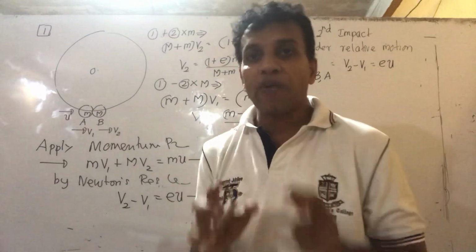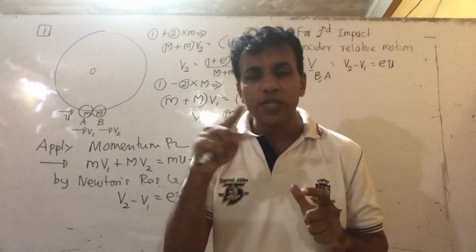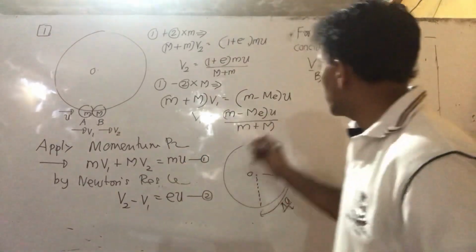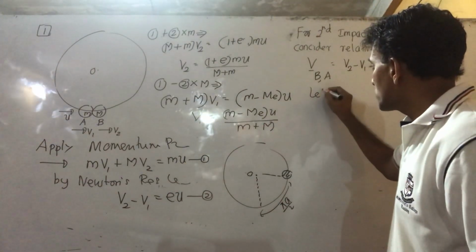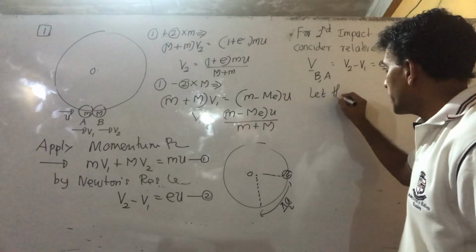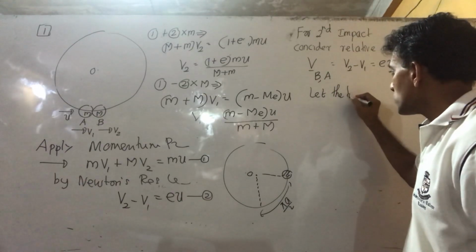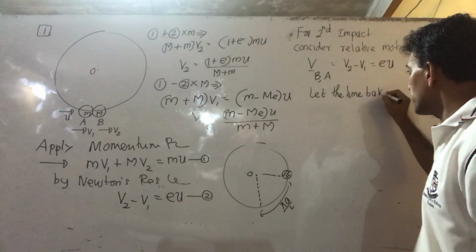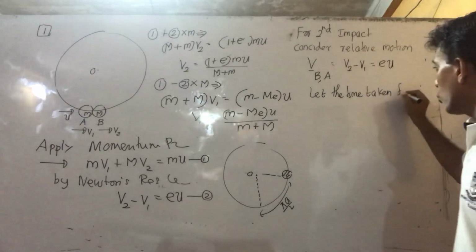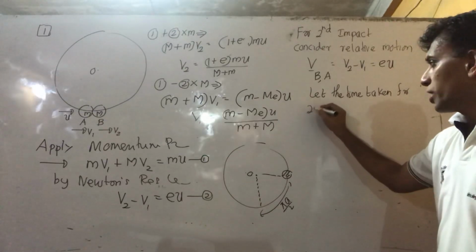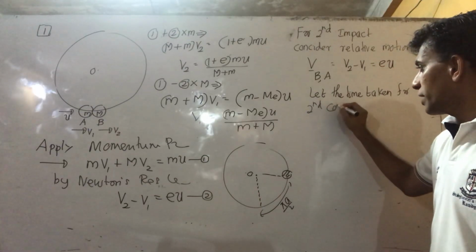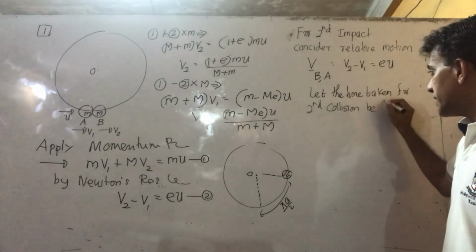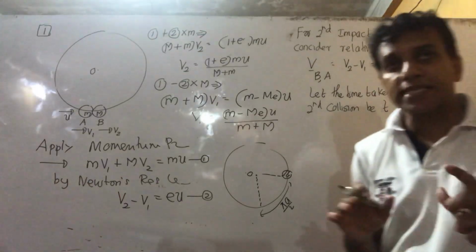Now here the time factor. I said time is small t for the second collision after the first collision, right? Let the time taken for second collision or impact be t.